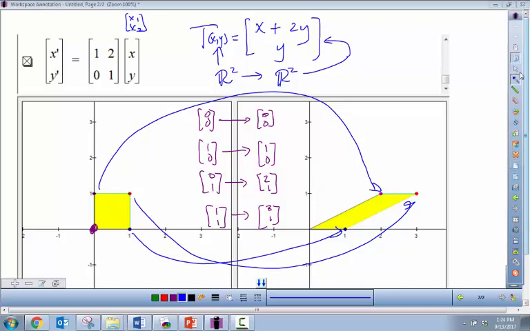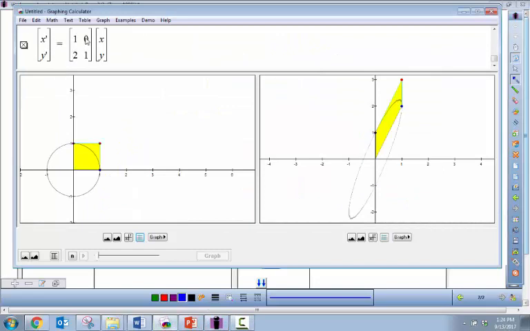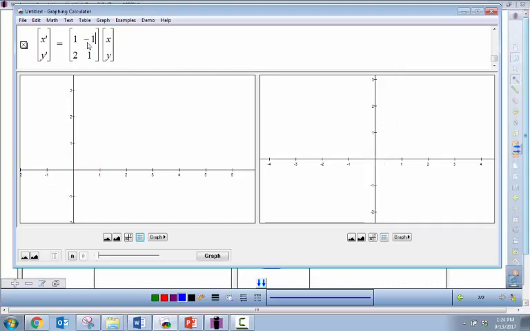Because there are other things that can happen, right? Let's see. I think I put a -1 here and then a positive 1 over here. And it did some sort of, not just a rotation, but also a stretch.